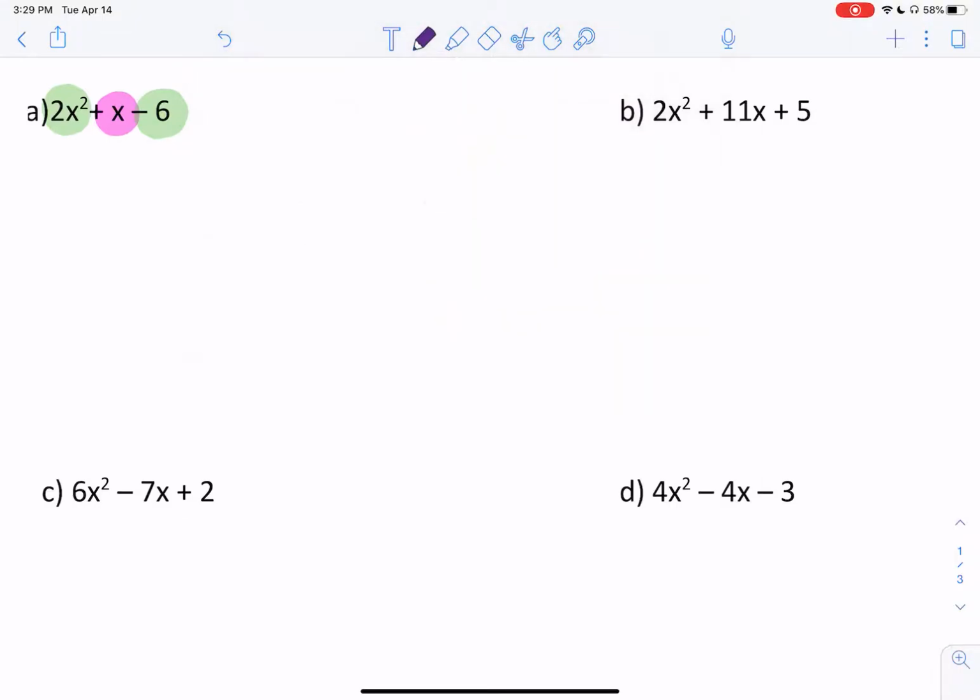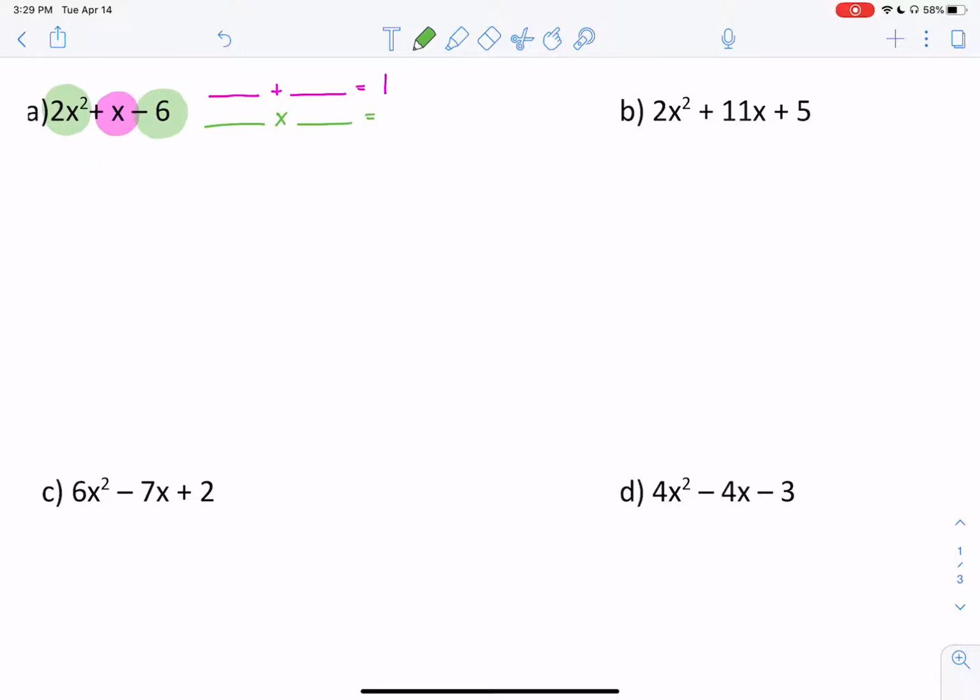Now this is the part that gets a little different from last lesson. So this part's going to stay exactly the same. We need to find two numbers that add to our middle number. So the coefficient on that middle number is just a 1. Now here's where things get a little different. Now we want to find two numbers that multiply to a times c.